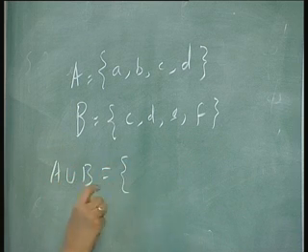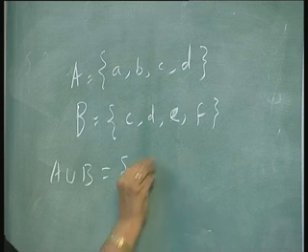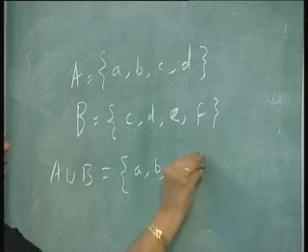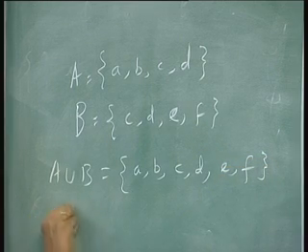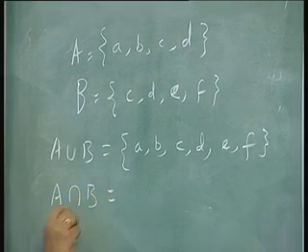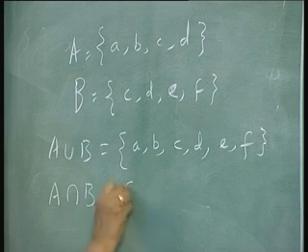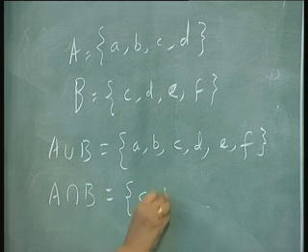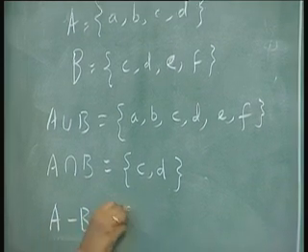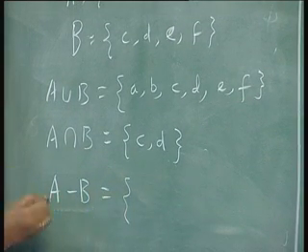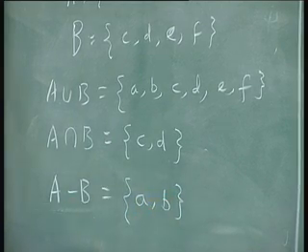It will consist of elements which are either in A or in B, that is a, b, c, d, e, f. A intersection B will consist of all those elements which are both in A and B, that is c and d, and A minus B will consist of elements which are in A but not in B, and in this example it will be a, b.